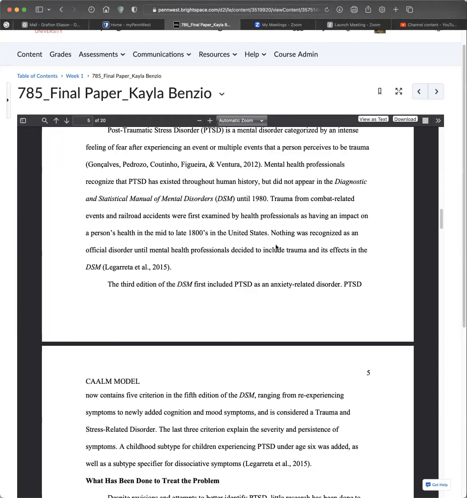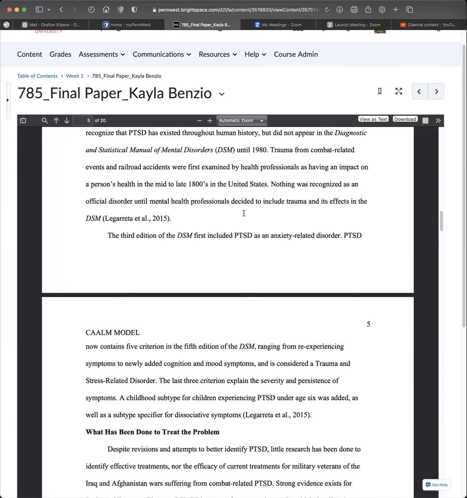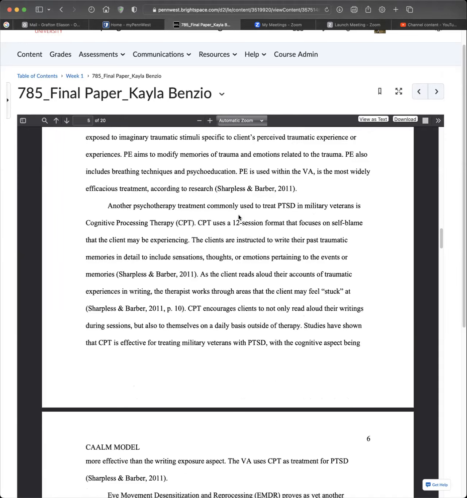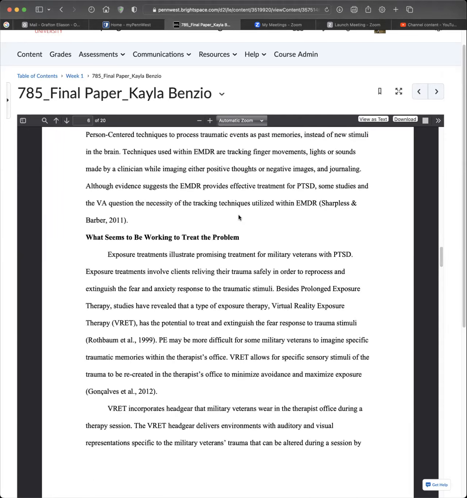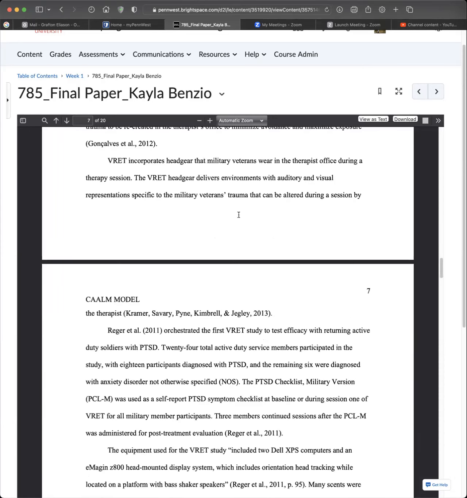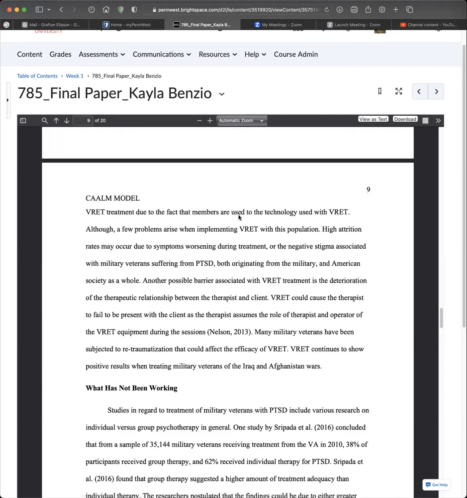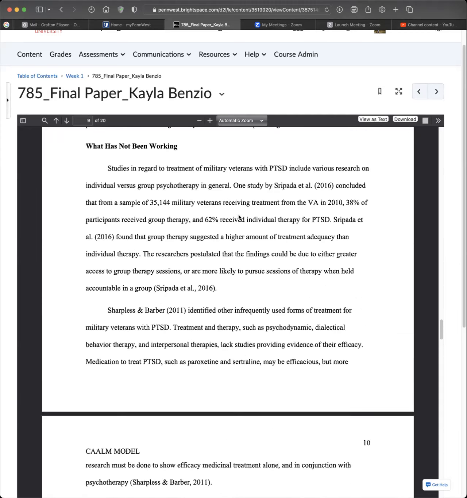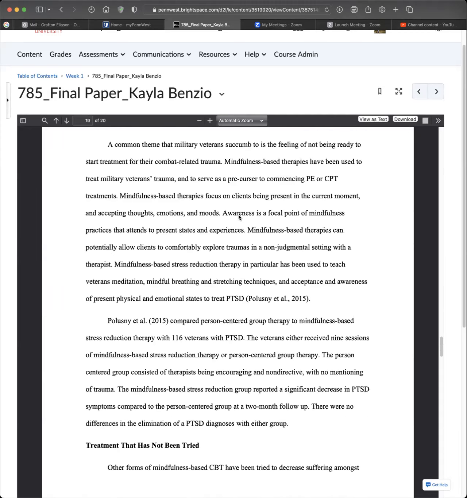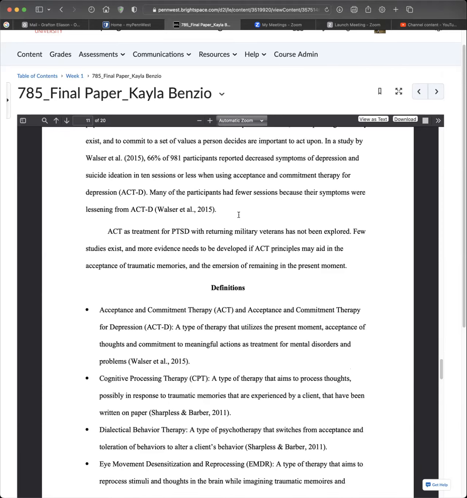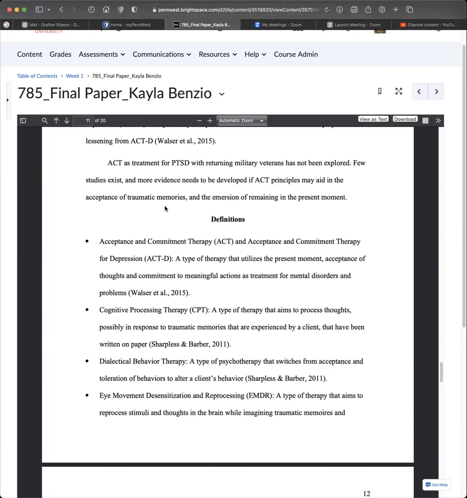This is how she included the DSM, what's been done to treat the problem, what seems to be working. That's her longest section. What has not been working, treatment from other areas, treatment that has not been tried, and that's as far as you're going to go.